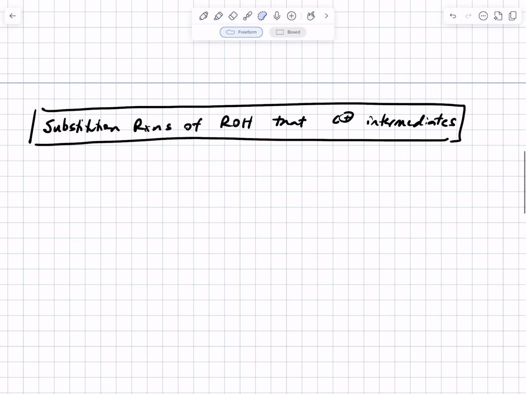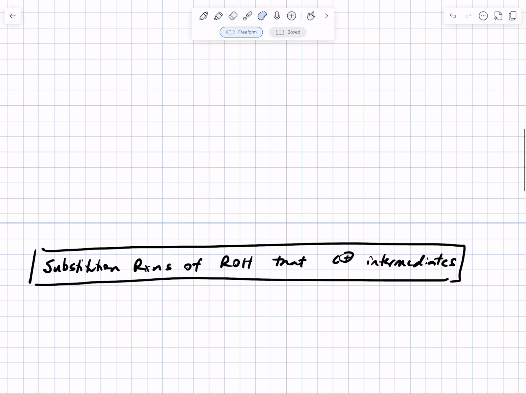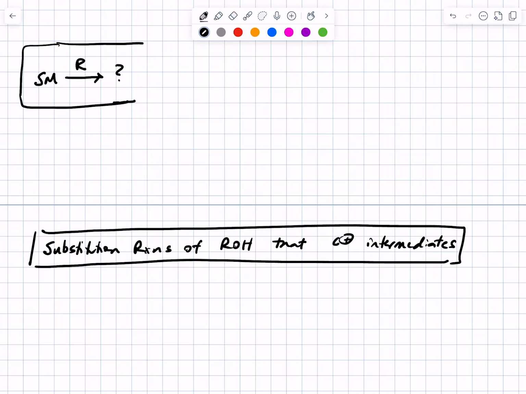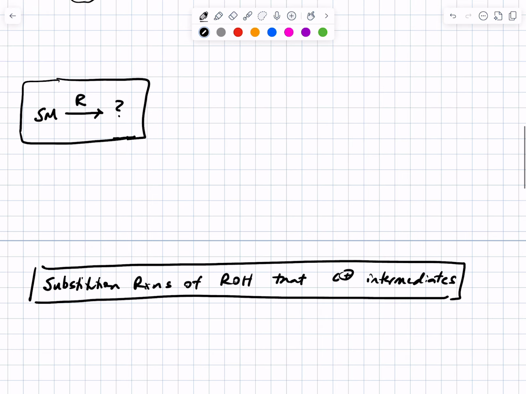So at the outset, let me just give you some strategies you can use to help you remember details that are empirical or that don't have a really good answer why. In such cases, you may just have to memorize some things. If you like flashcards, write a flashcard where you have a starting material and R here is for reagent, and you make yourself guess what the product is. That can help you remember what the reagent does.